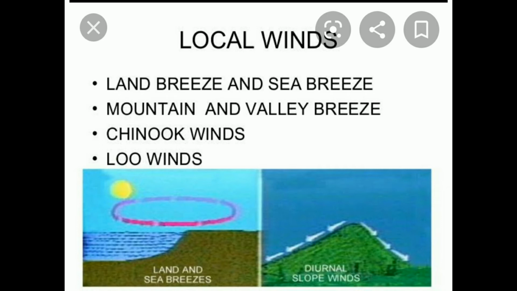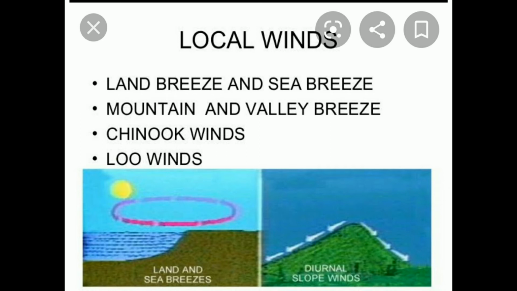Hot local winds raise the temperature of the area, and cold local winds sometimes bring the temperature of the affected area below freezing point. So if the temperature is high, hot winds will blow, and if it is cool, cold winds will blow and make the temperature much lower than what the area normally has.